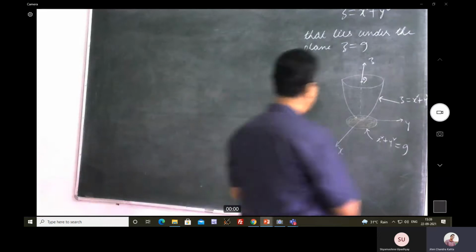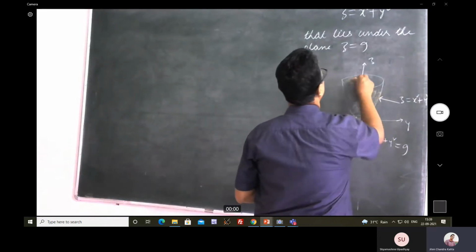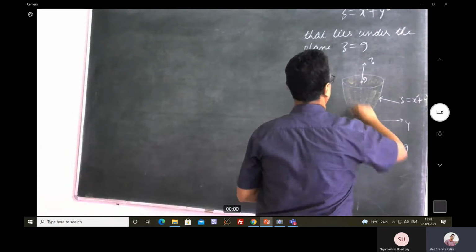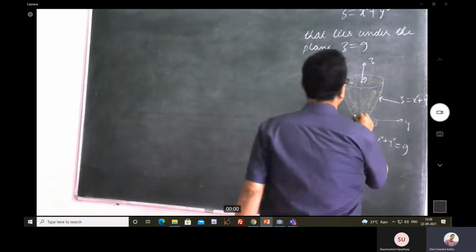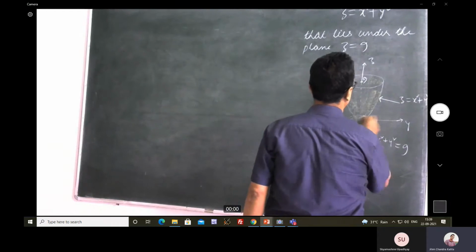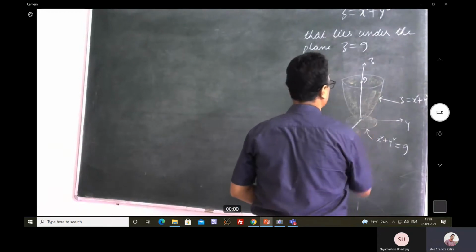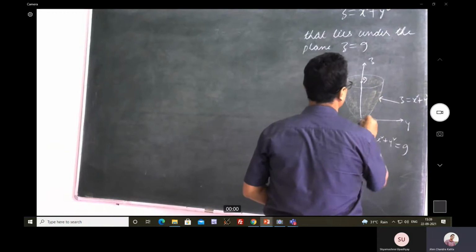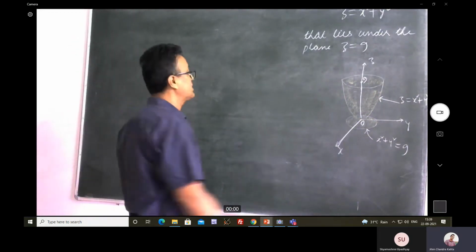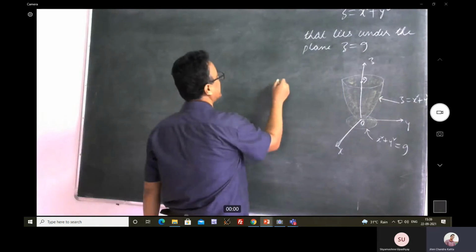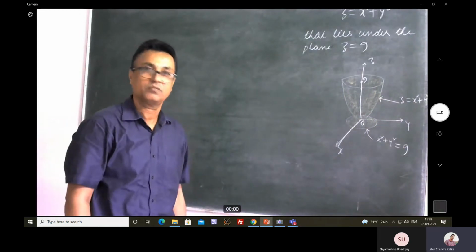So this is my surface. Maybe let me just draw it completely. Okay, fine. So now you can see that the surface has been given as a function of x and y. The surface is nothing but the graph of a function, right?